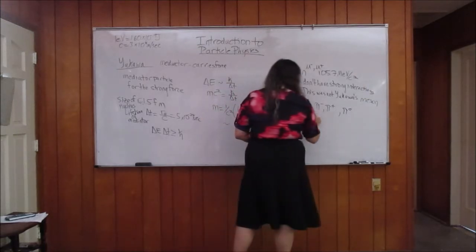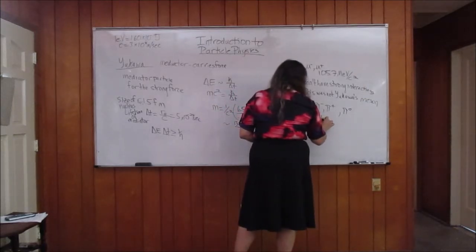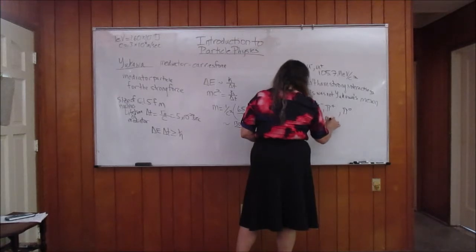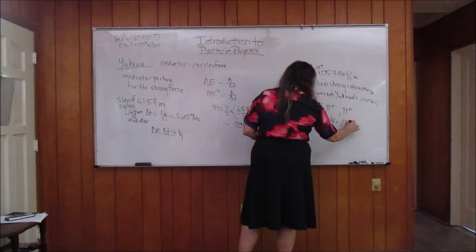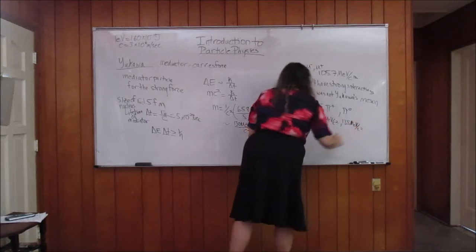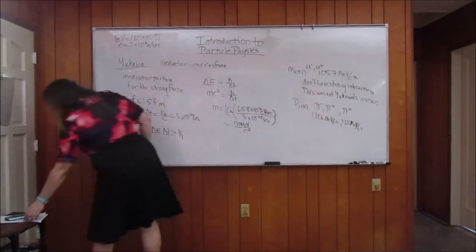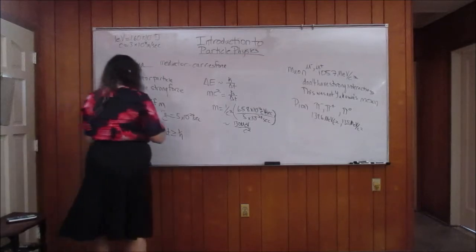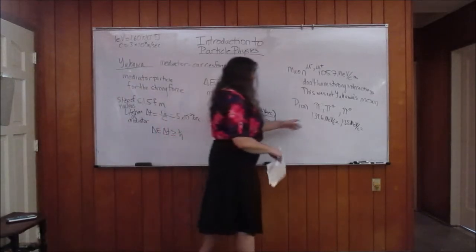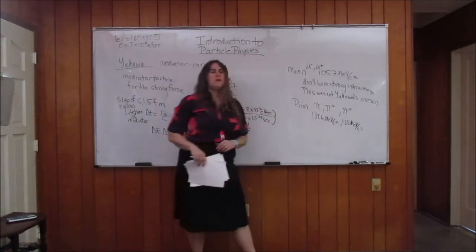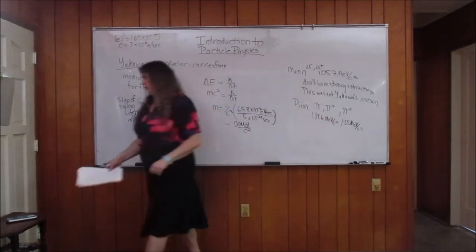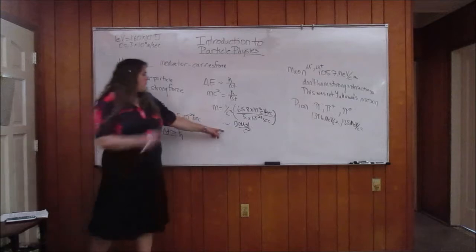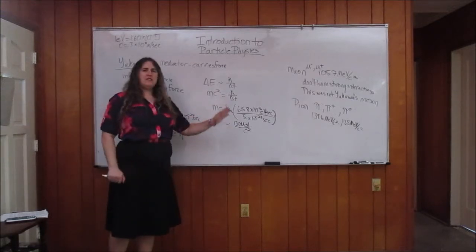These two have a mass of 139.6 MeV/c², and pi 0 has a mass of 135 MeV/c². And in fact, the numbers that I came up with are really deceptively close.